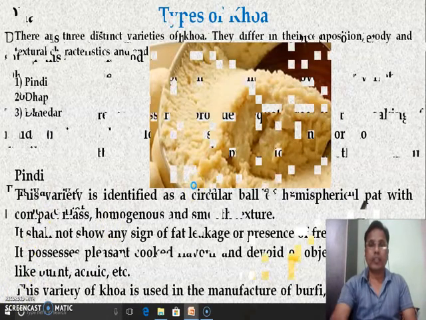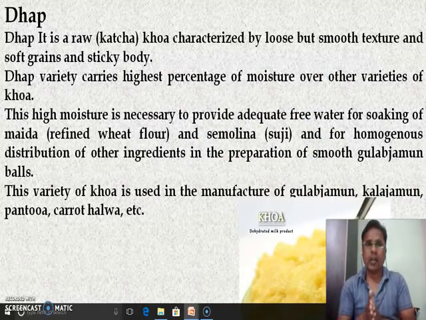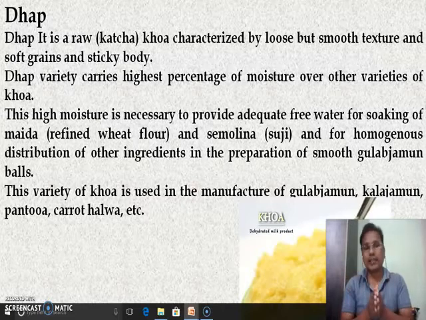Now the next one is Dhap Khoa. It is the raw, or you may say the kacha Khoa, characterized by a loose but smooth texture, soft grains and sticky body.